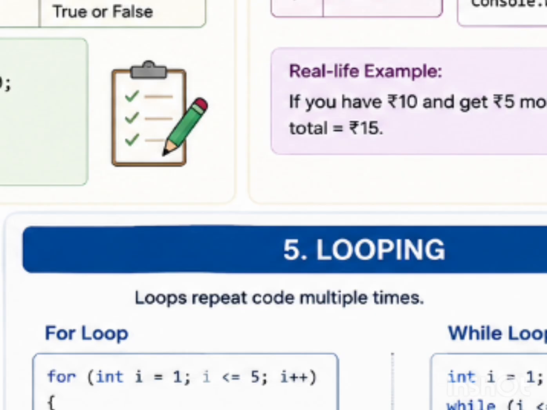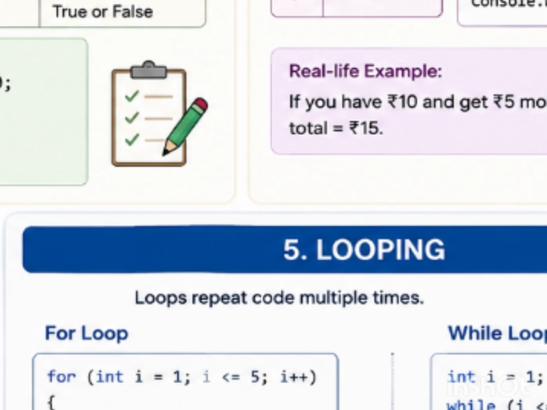That line means it is printing the i value. What is the value of i? 1. It will print 1. Then it will go to the last part, i++, which means it will increment that value. What is the increment of 1? It will be 2, since 1 plus 1 happens. Now it will check the condition again: 2 <= 5, yes. Again 2 will print.